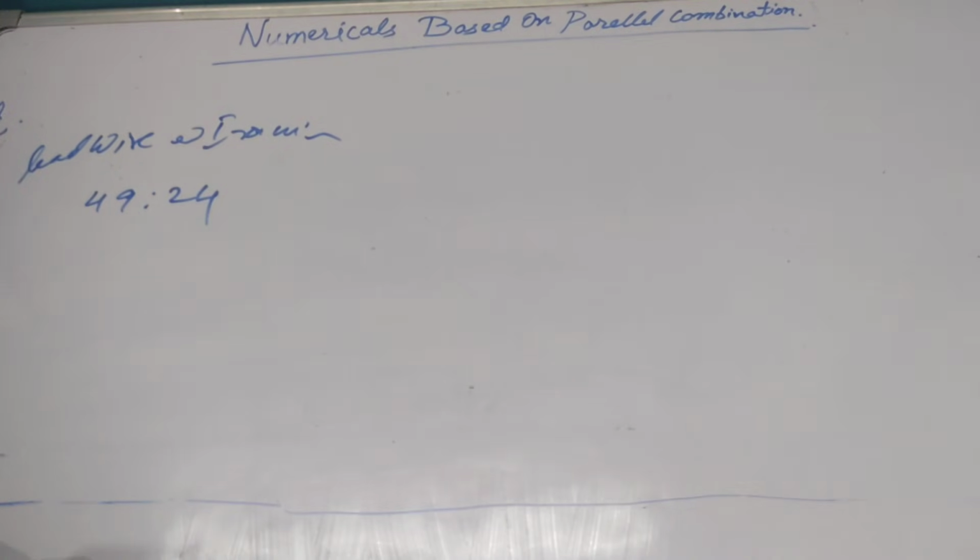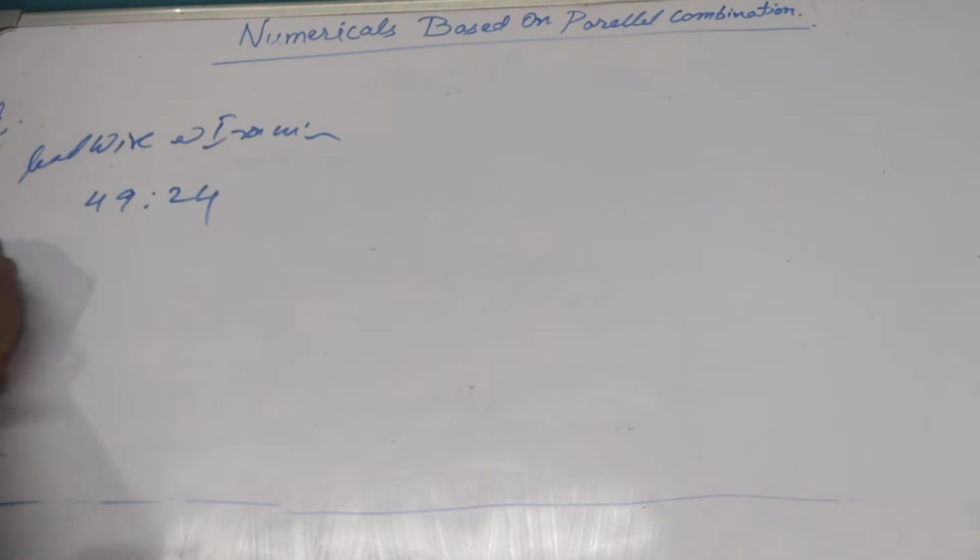The former carries 80% more current than the latter, and the latter is 47% longer than the former. Determine the ratio of their cross sectional area. Okay, this is the main question. Little bit hard, but we'll solve it.